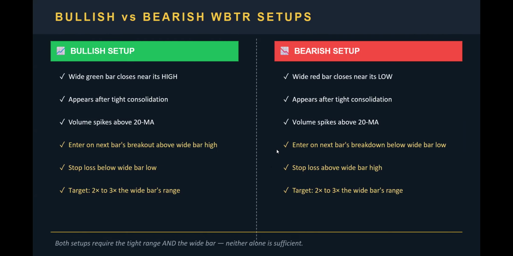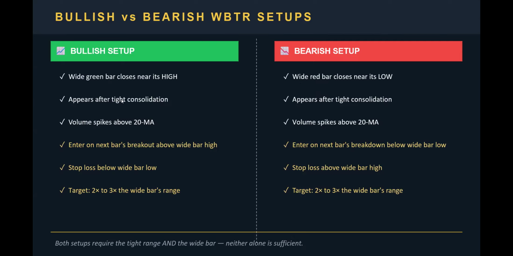Now, what are the bullish versus bearish wide range bar setups? Bullish setup: a wide green bar closes near its high. Whereas in the bearish setup, a wide red bar closes near its low.